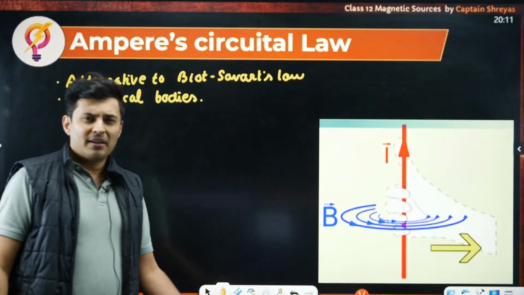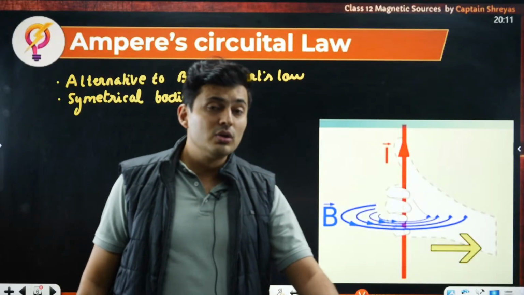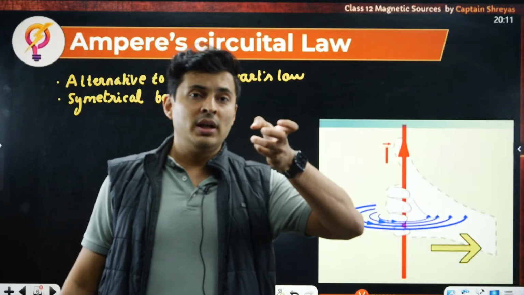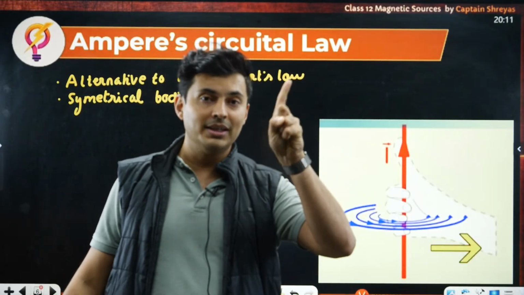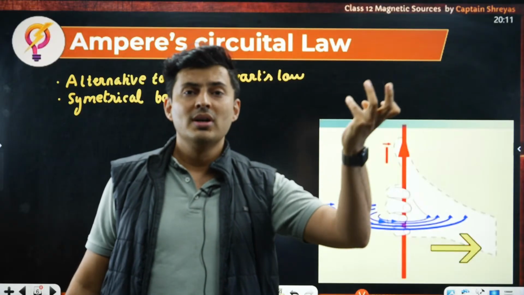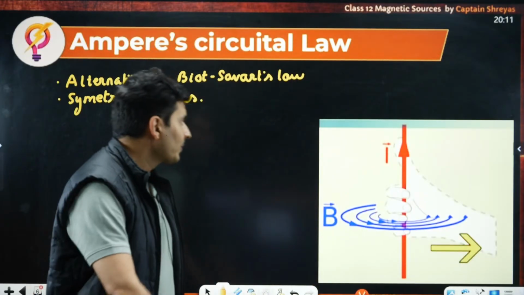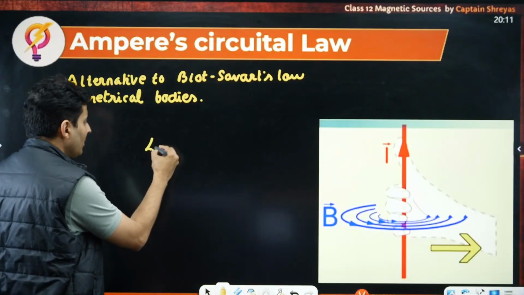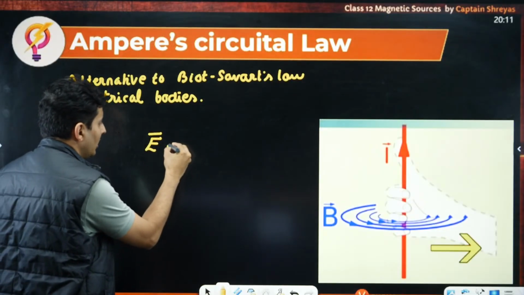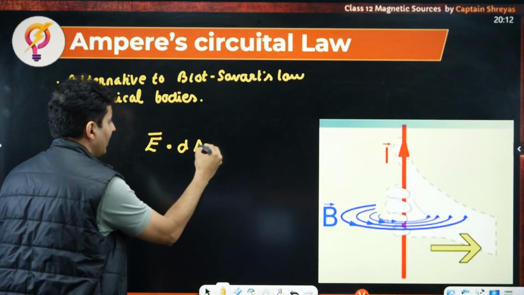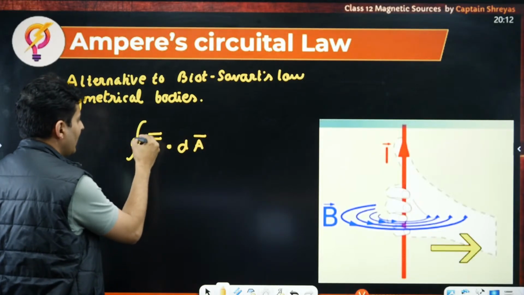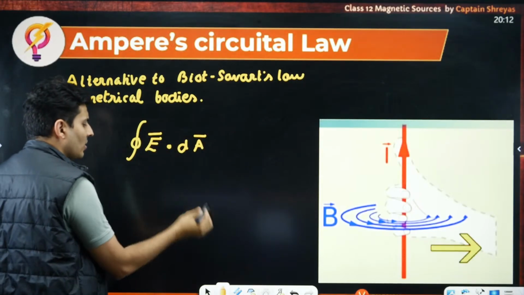Now, if you remember, in Gauss's law, you used to take the dot product of the area vector with the field vector, and you used to do a cyclic or a closed surface integral. Do you remember that? You used to have the field vector and do the dot product with the area vector and integrate it, and this quantity was called the flux.